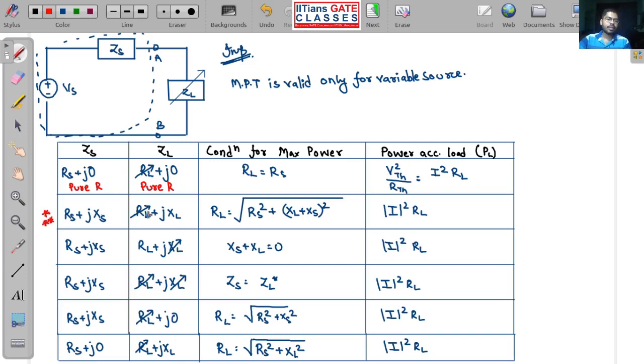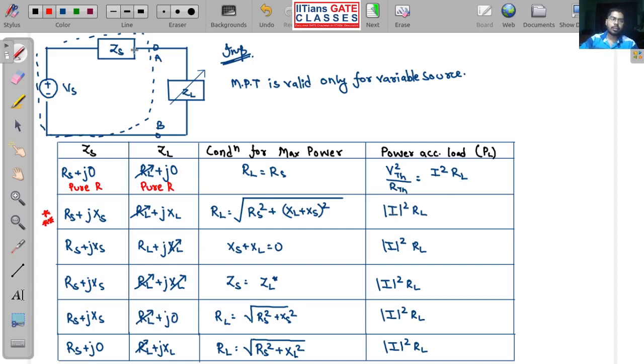So the condition for maximum power transfer will be: load resistance is equal to the square root of source resistance square plus the sum of XL plus XS, whole square. That means the imaginary parts of the source and the load are combined and squared. And the power will be what?